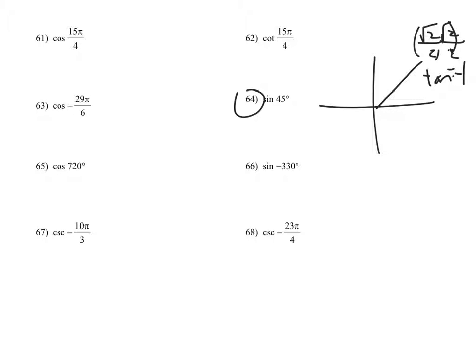So I want the sine of 45, and remember this is cosine, this is sine, and tangent, so this isn't a reciprocal function. If I say what's the sine of 45, it's root 2 over 2. Now, one thing you cannot do is use your calculator and just type in sine of 45, because it's going to give you an approximate decimal. We must have exact values, so you want to use your unit circle.